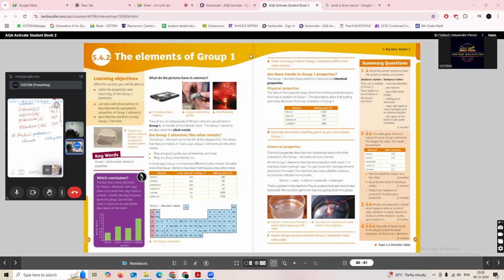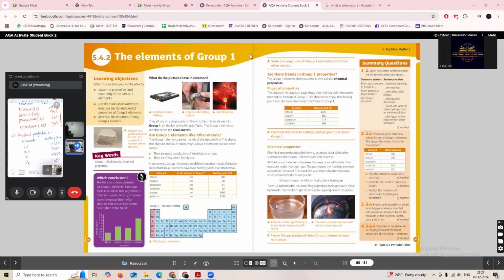For lithium, sodium, then potassium, then rubidium, the boiling point also decreases: 1330 degrees Celsius, 890 degrees Celsius, 774, and cesium is 688. Don't need to remember the values.